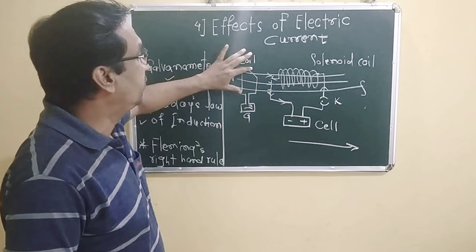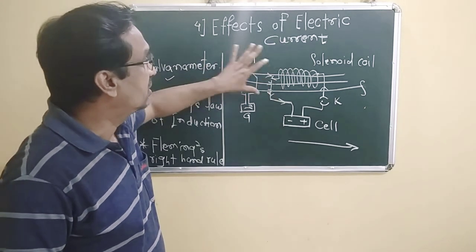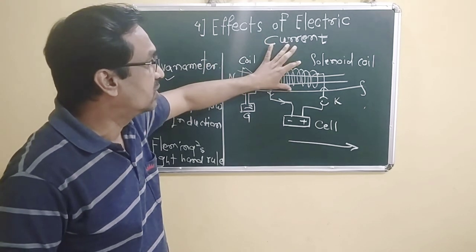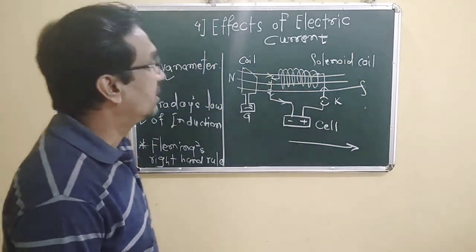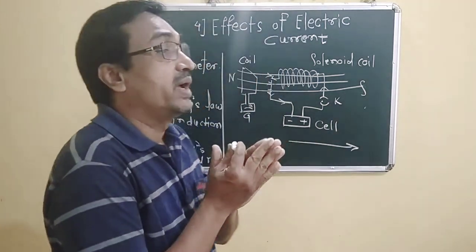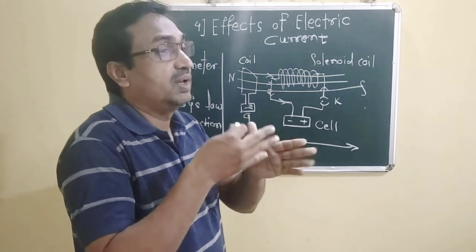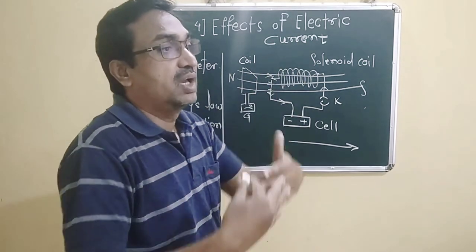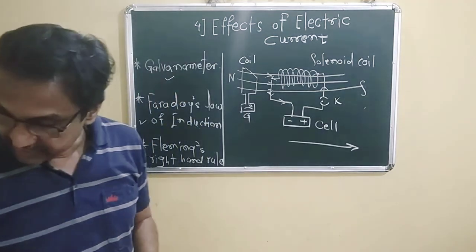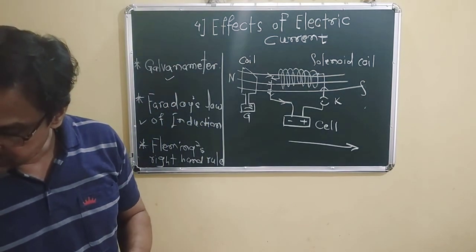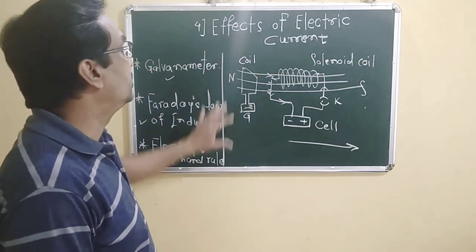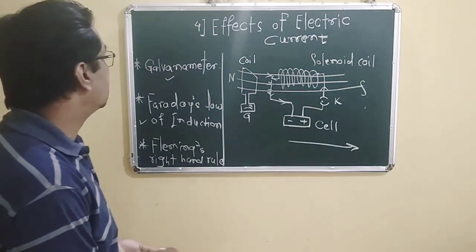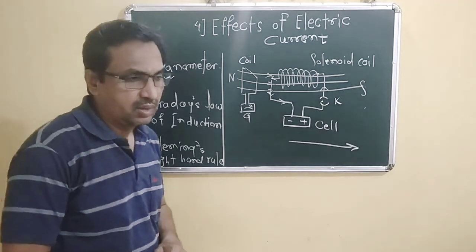Okay, if we displace this one or this one, the solenoid coil is displaced, or either coil is displaced, we can easily see the number of magnetic lines of forces are changing, and due to this current is induced in the coil. And this is Faraday's law of induction.